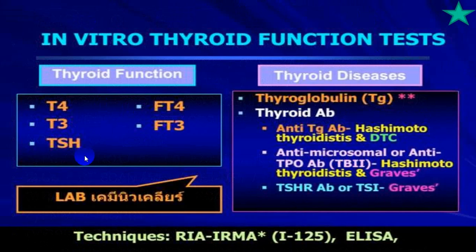So, whatever we have mentioned before, mainly the radio-uptake study is done by radioactive iodine I-131, or it is also done by I-125. You can estimate the thyroid assay, this T3, T4 and TSH, by radioimmunoassay, ELISA method or other techniques.